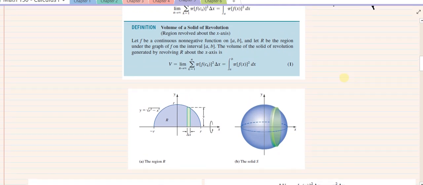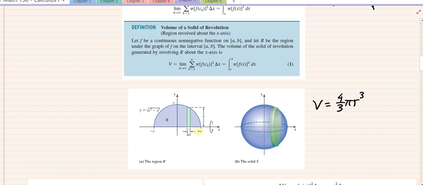So here's an example. For instance, if I want to find the volume of a sphere, now we know the volume of a sphere is what, 4/3 pi r cubed. True. We can actually prove this using the method of dissection.